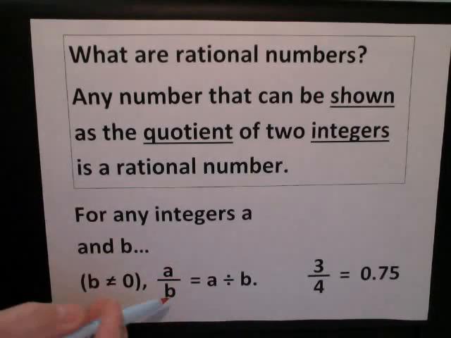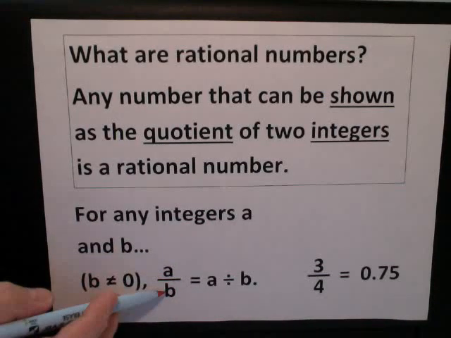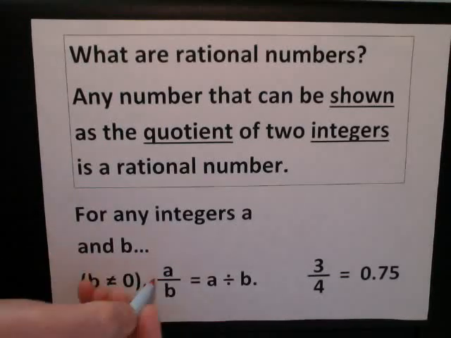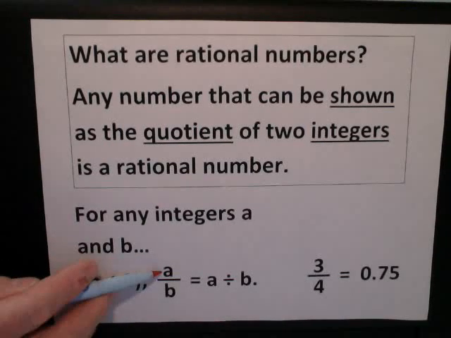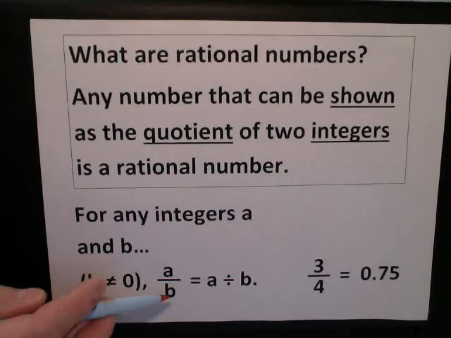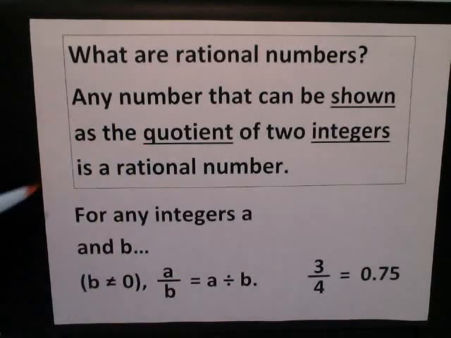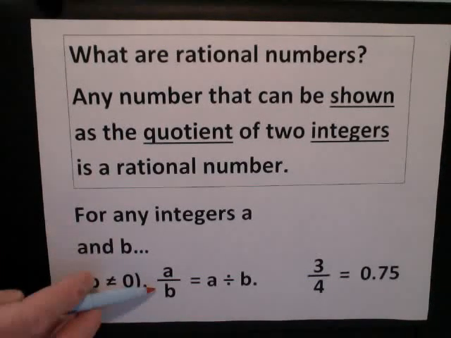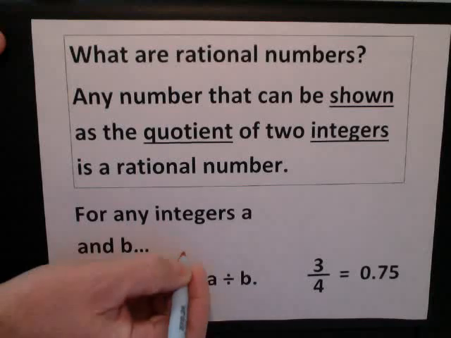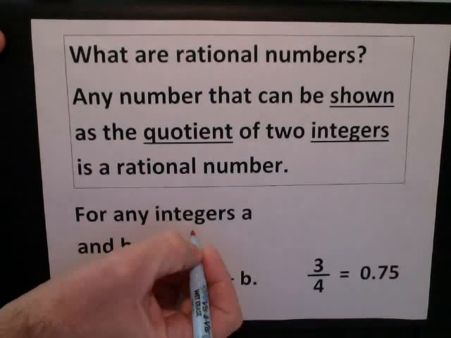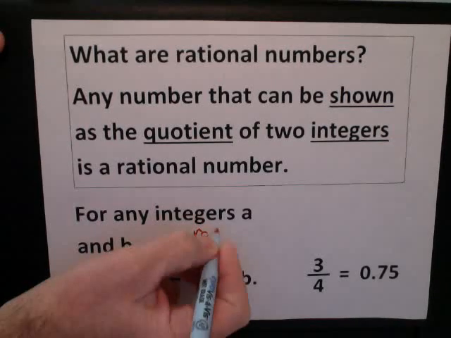So in other words, a and b both have to be integers. They can be positive, they can be negative. But when you look at this, you have a divided by b. So in other words, the quotient of two integers is what they're talking about here. So when you get a and b and you do the division, you get a rational number.